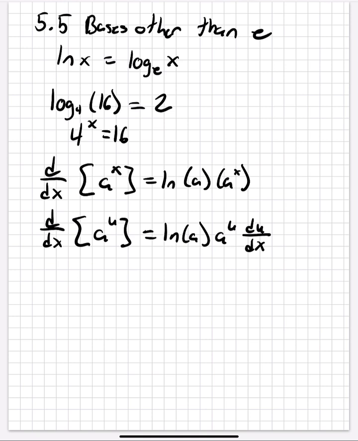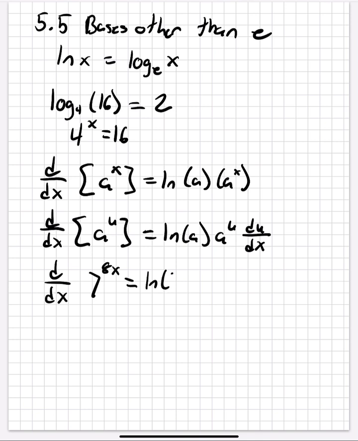Let's look at an example of that. Let's say we want to find the derivative of 7 to the 8x. My rules say that I'm going to have 7 as my a because that's the base.